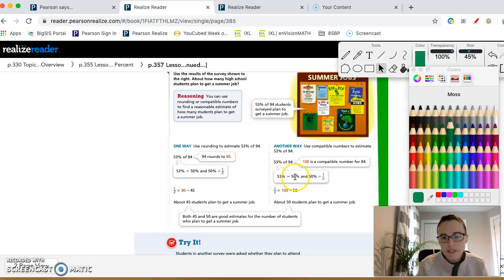They rounded this to 50 to say 1/2 of 100 equals 50, but if you're rounding to 100, you could even just say 53%, so the answer would be 53. But they're rounding this down. I guess it's going to get you closer to the actual answer if you round down. So they're going to say 50% of 100 is 50 students. Okay, so about 50 students plan to get a summer job.